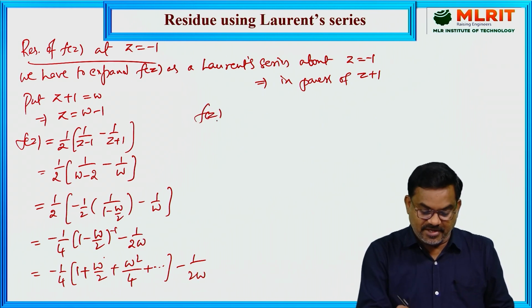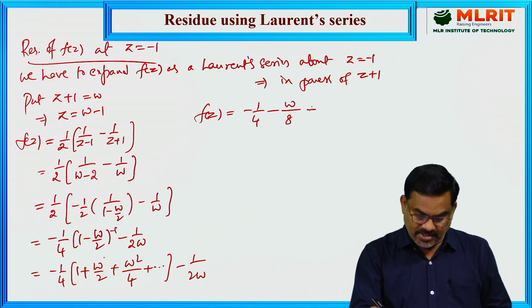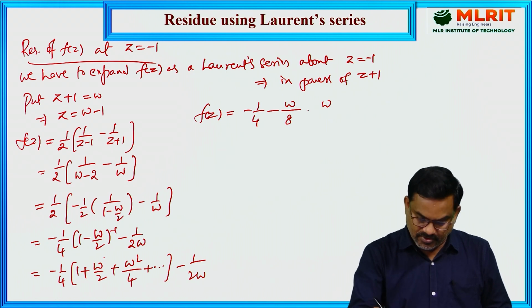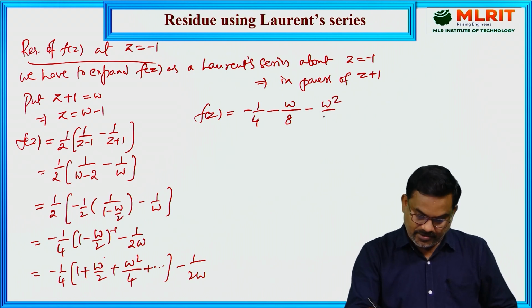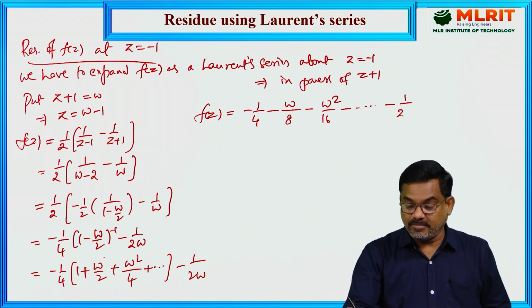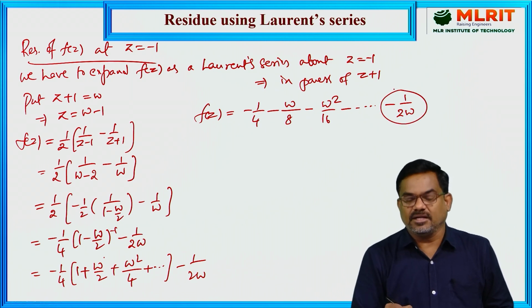So f of z is minus 1 by 4 minus w by 8 plus w square by 16 minus and so on, minus 1 by 2w. Since the quotient is minus 1 by 4, all the terms are minus, by 4 into 4, 16, and so on. Here w is in the numerator in the remaining terms except the last.